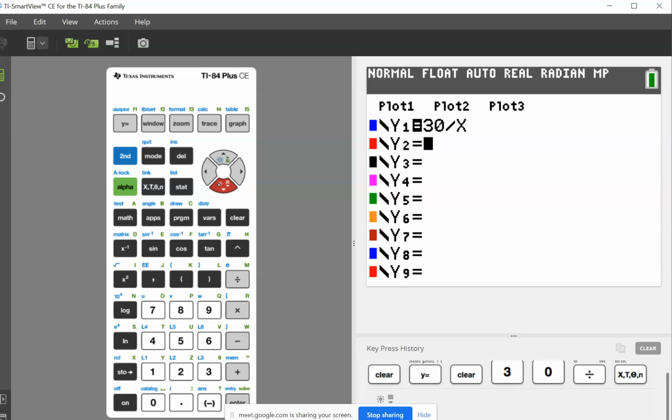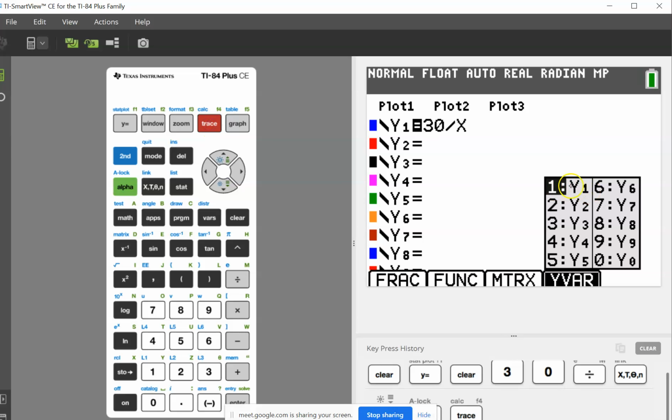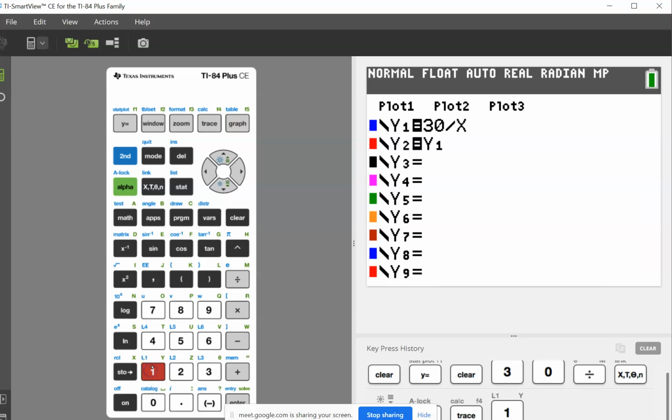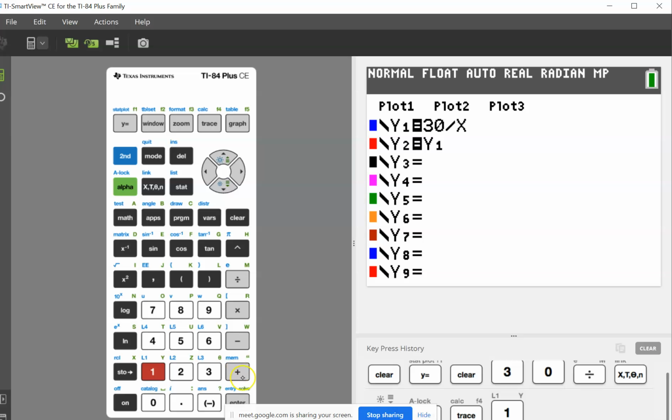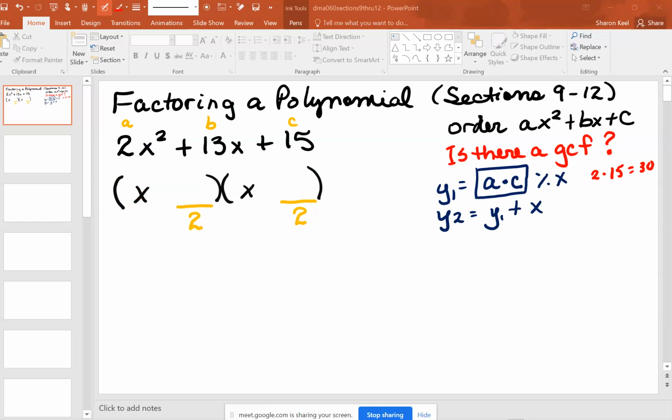Let me show you the simplest way to get y1. I'm going to press alpha, press trace, and we're going to choose the first, the Y1, so we're going to press number 1. And then after we've done that, go ahead and type in plus, and then beside the alpha is the X. Okay, let me write that down for you.